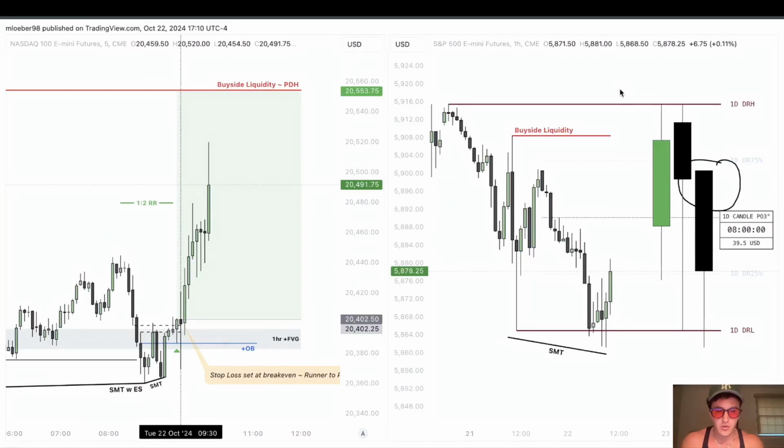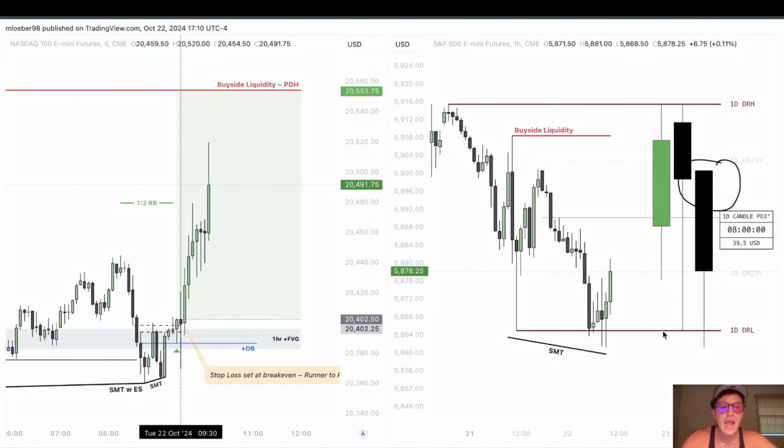But I want you guys to notice something here. Another reason why I was so strong behind a bullish bias, look at the daily chart on the S&P 500. What do you notice here? This is a flat top high. And if you guys don't know anything about flat top highs and flat body bottoms, these are labeled inefficiencies in price delivery. So they can be identified as magnets and you can expect price to draw to those points of interest.